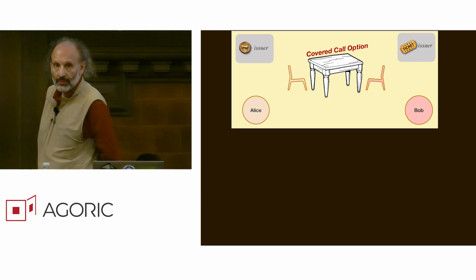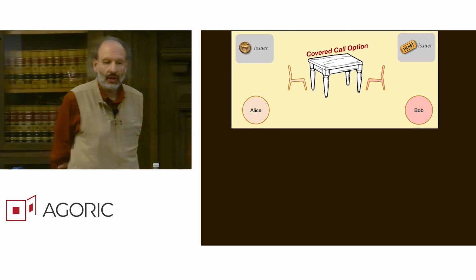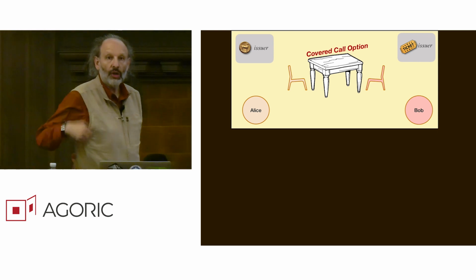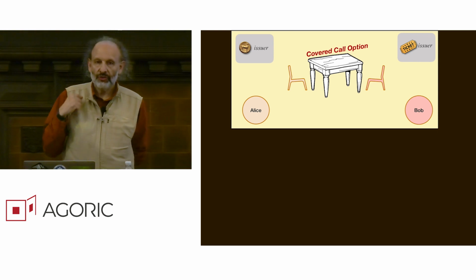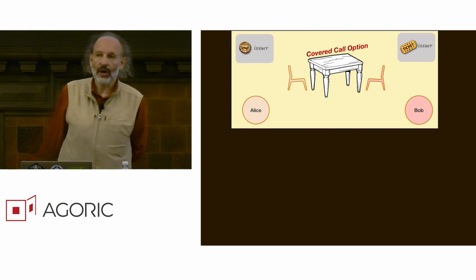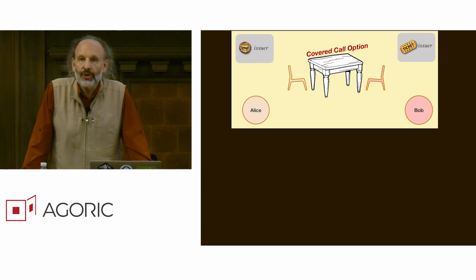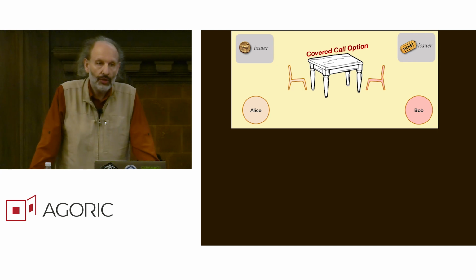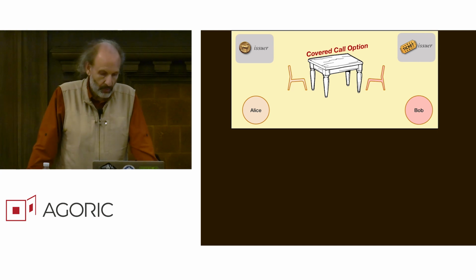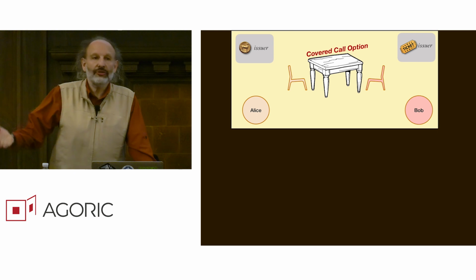An example of an exchange-oriented contract is what's called a covered call option. Say that Bob has bought an expensive concert ticket. And now Bob realizes he'll be out of town during the concert. And he mentions this to Alice.